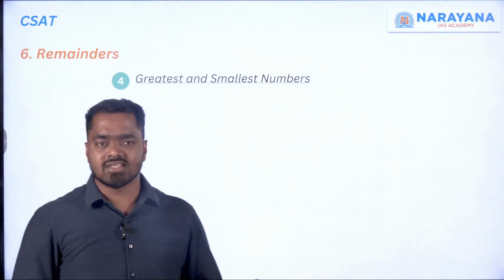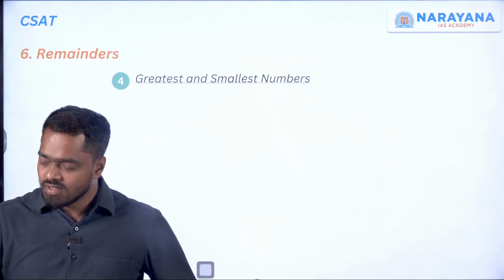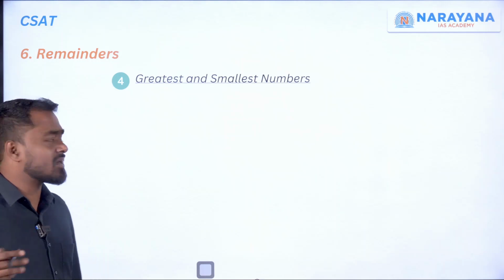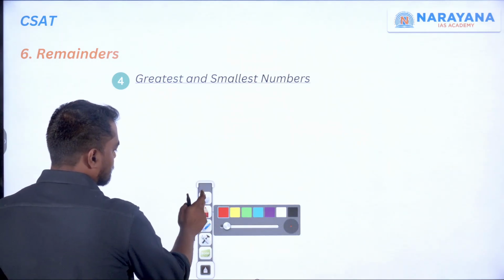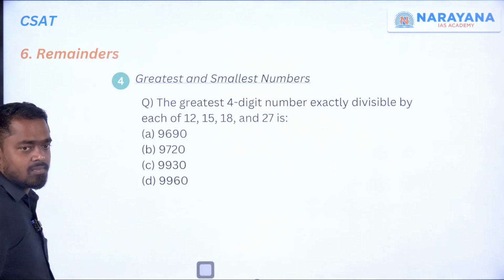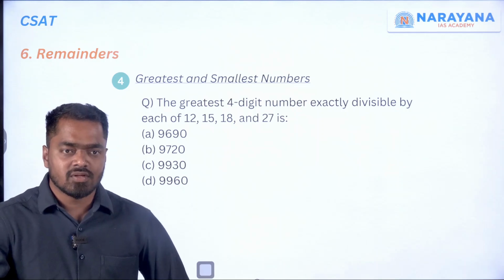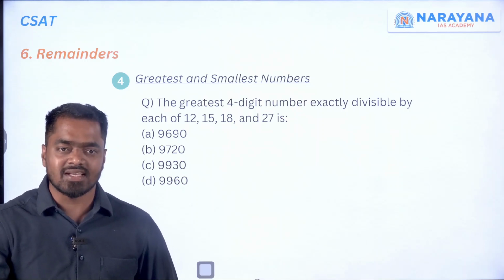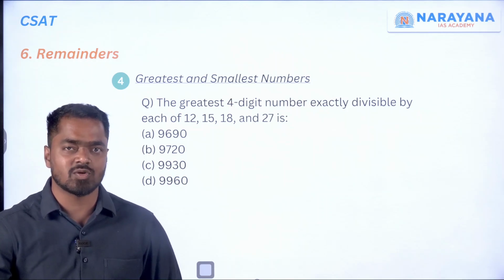Now the last concept, that is greatest and smallest numbers. So let's understand this concept using examples. The question is like, the greatest 4-digit number exactly divisible by each of 12, 15, 18, 27.